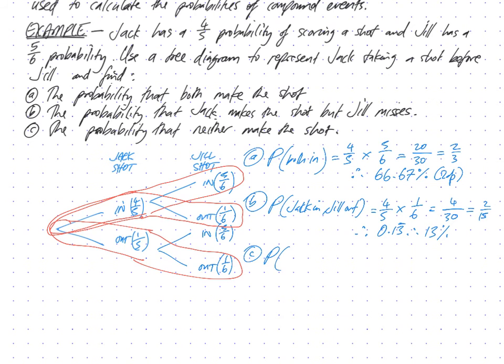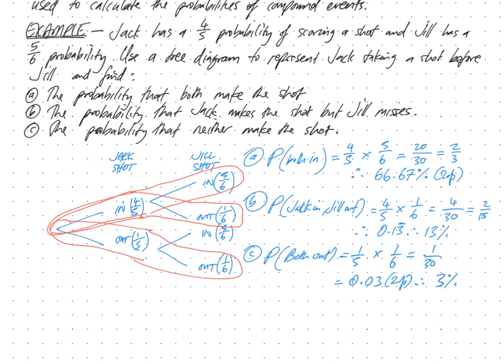So the probability of Jack missing, an easier way of writing that is just both out, is equal to 1/5 times 1/6. 1 times 1 is 1, 5 times 6 is 30. It's a 1/30th chance, 1 divided by 30, is 0.03 to 2 decimal places, therefore a 3% chance of that occurring.